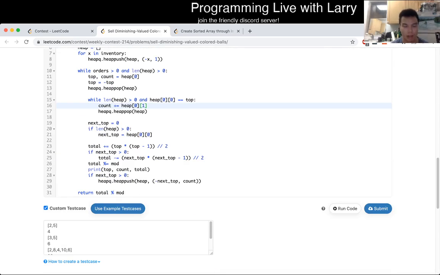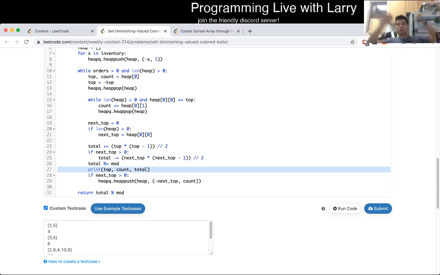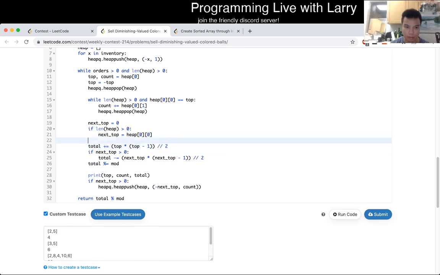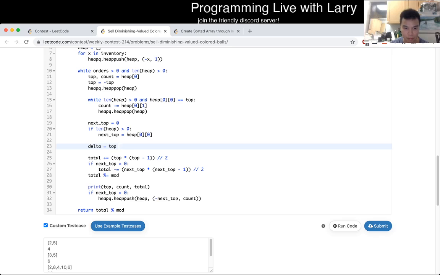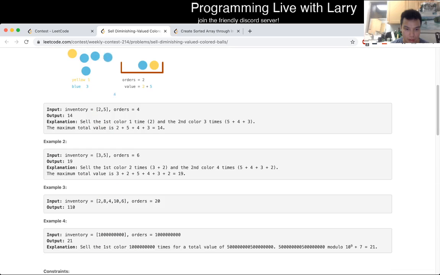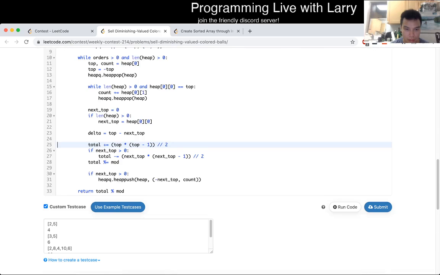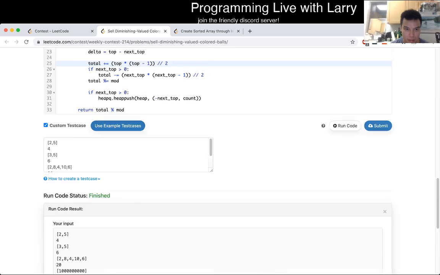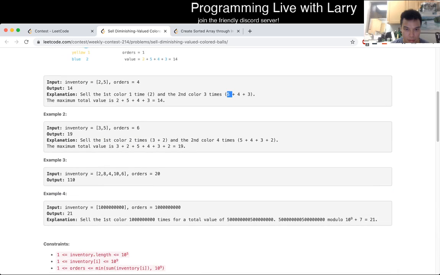Oh, I have to do orders. This is annoying as hell. This should be 12, so my math is a little bit wrong.